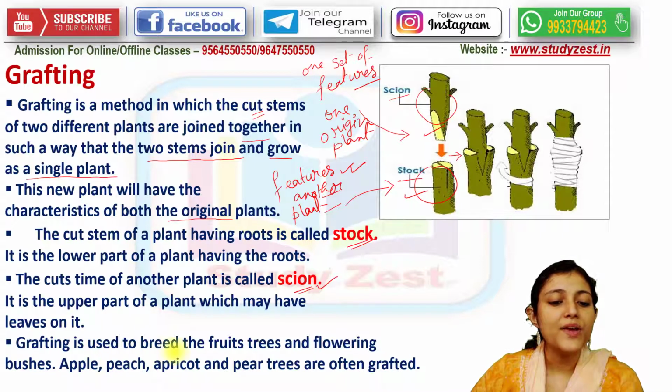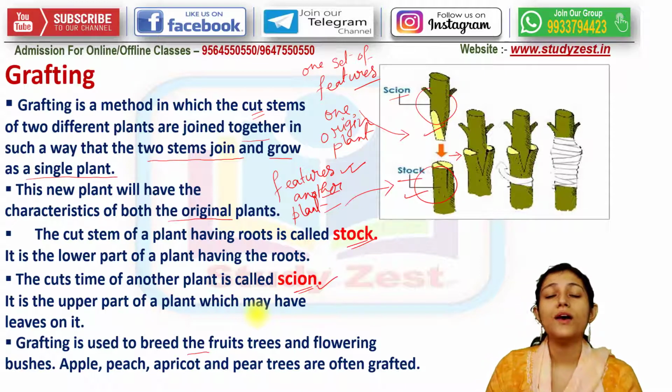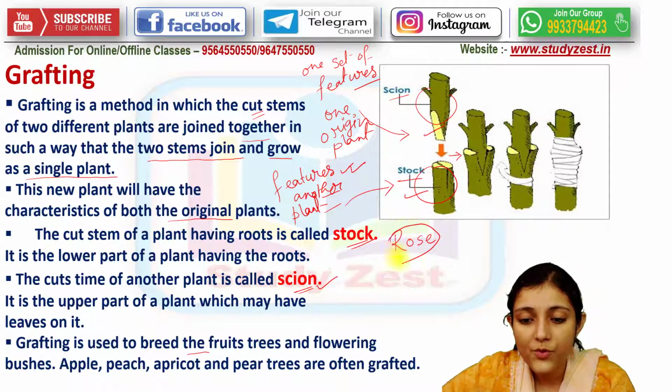Grafting is used to breed fruit trees and flowering bushes. Apple, peach, apricot and pear trees are often grafted. One very good example of grafting has been done in the case of the rose plant.